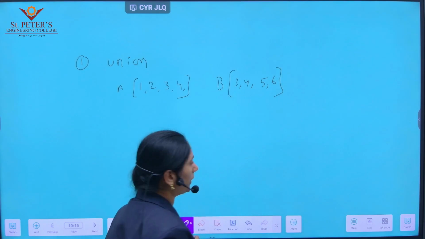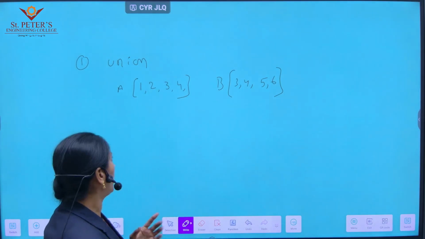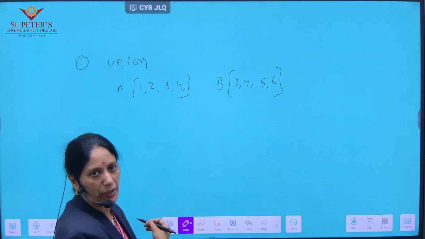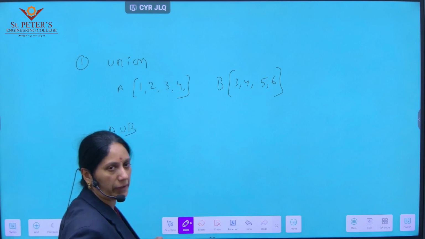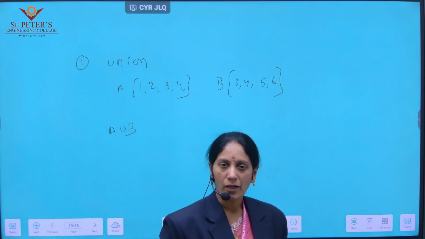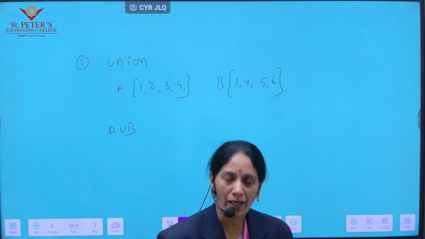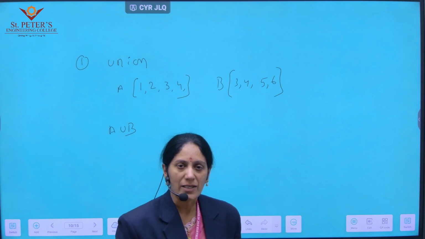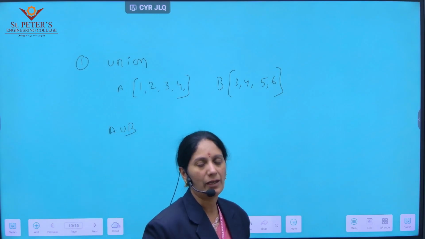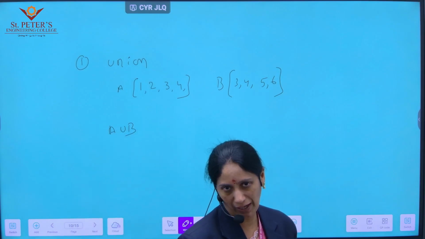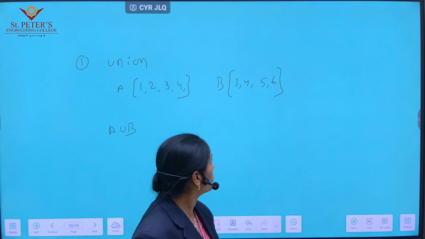Apply the union operation. How to represent it? A union B. Union operation is nothing but selecting all tuples from both relations, eliminating the duplicate values.